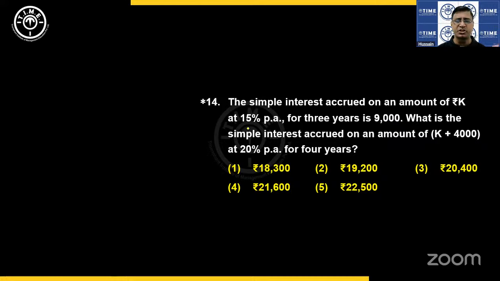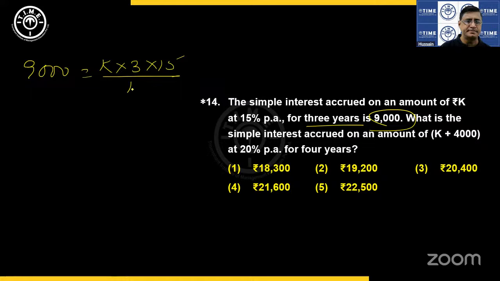What is the simple interest accrued on an amount of K plus 4,000 at 20% per annum for 4 years? 9,000 is the interest for a period of 3 years on rupees K at 15% per annum. Dear students, 3 times 15 is 45. In 90, it goes 2 times. The value of K is equal to 20,000.